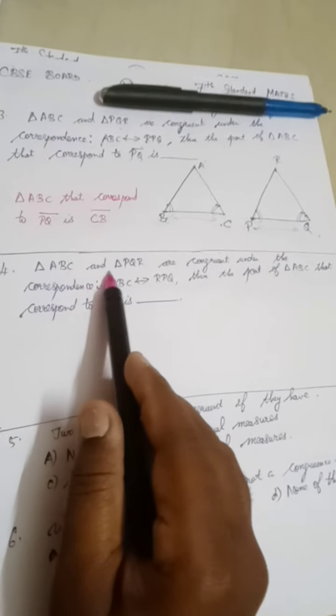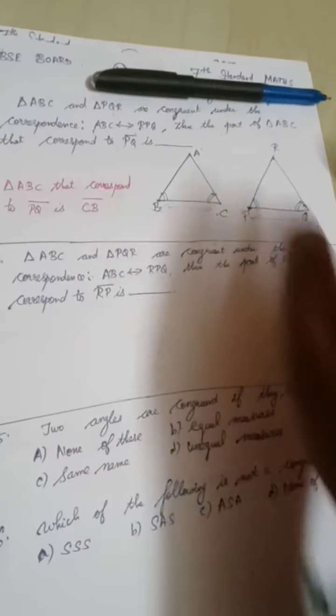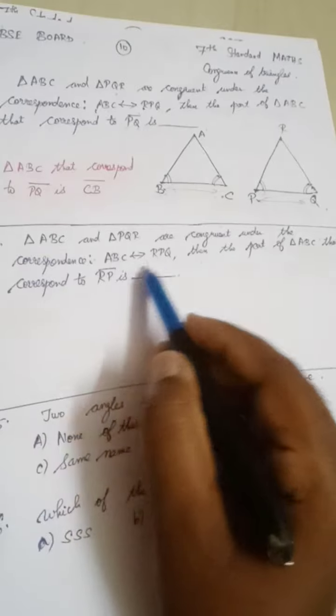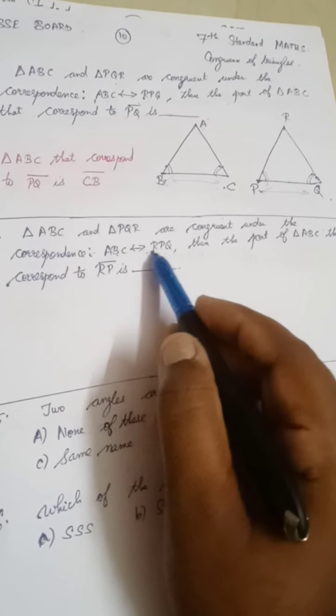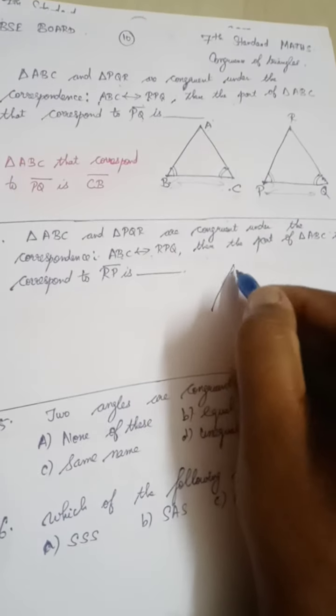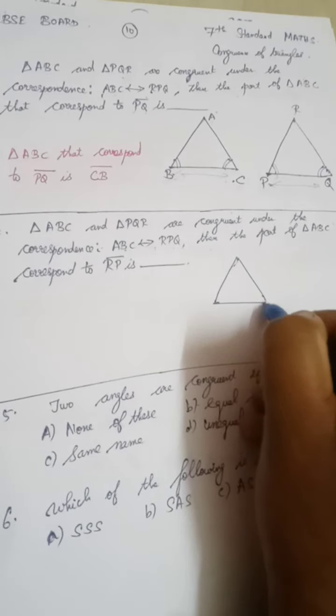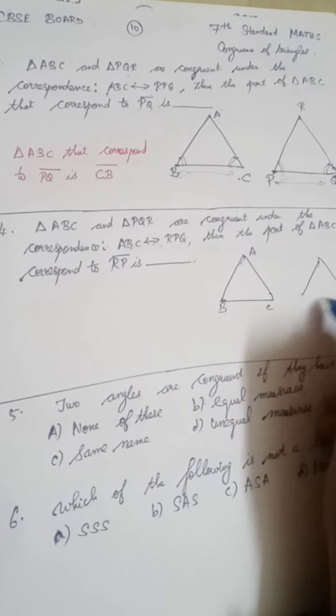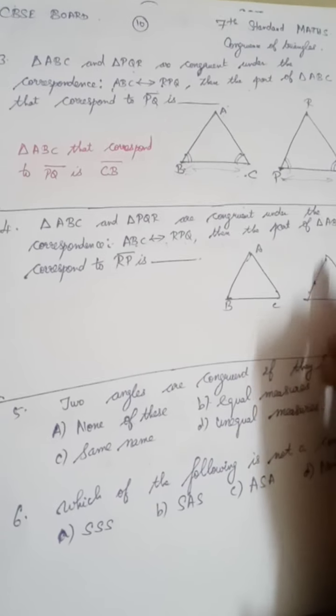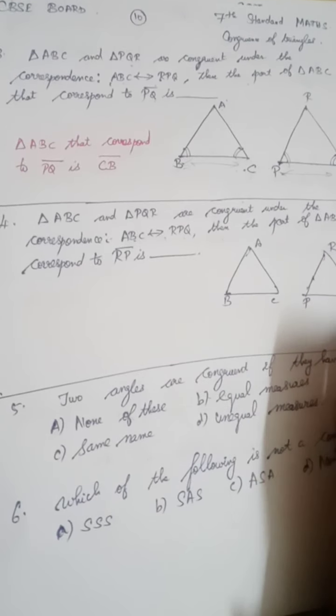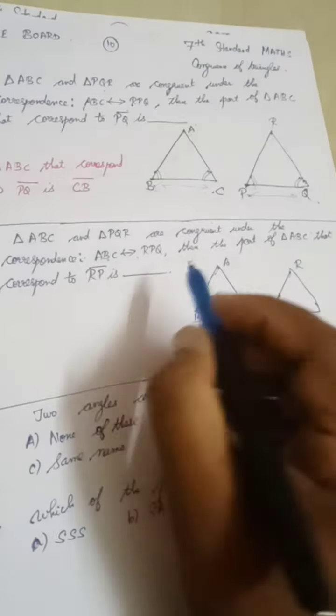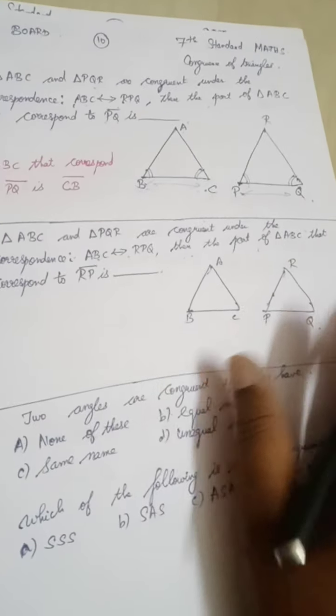Triangle ABC and PQR are congruent under the correspondence ABC congruent to RPQ. A, B, C; R, P, Q. Then the part of triangle ABC that corresponds to RP.